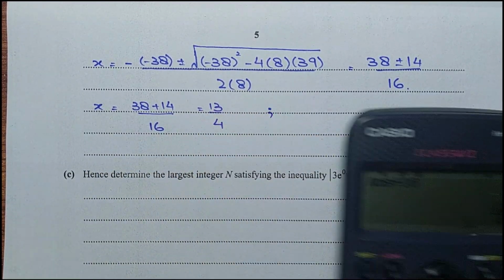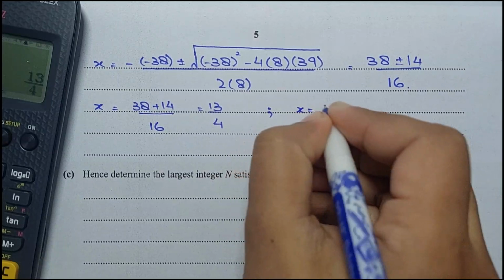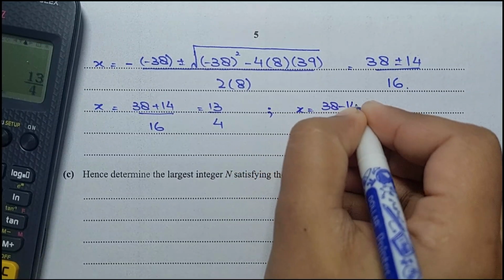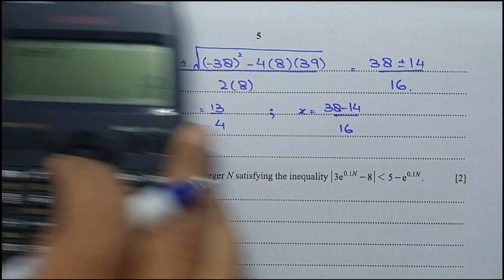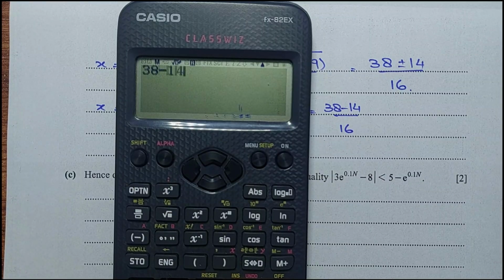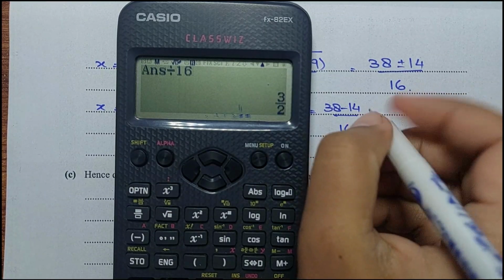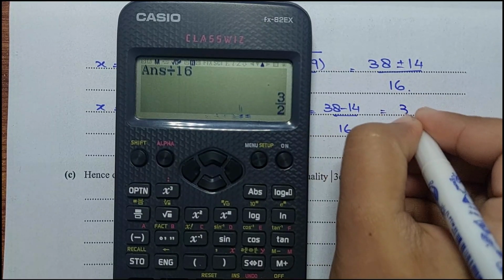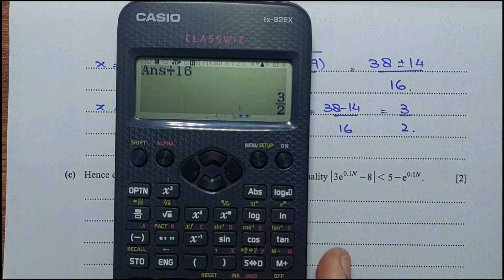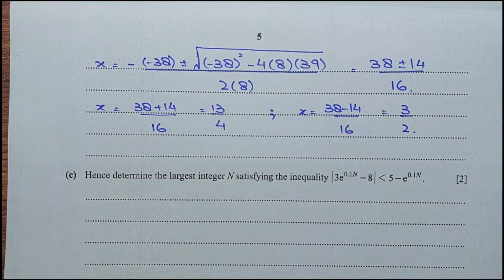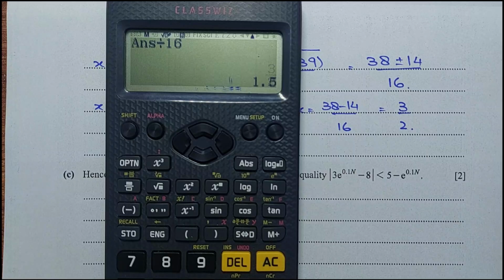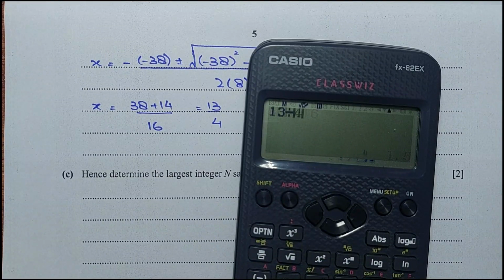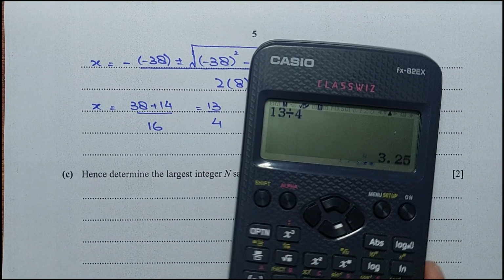And the other solution is x equals 38 minus 14 over 16, which is 3 by 2. This is 3 by 2. What are the set of values of x? These are the two solutions. 3 by 2 is 1.5 and 13 by 4 is 3.25.